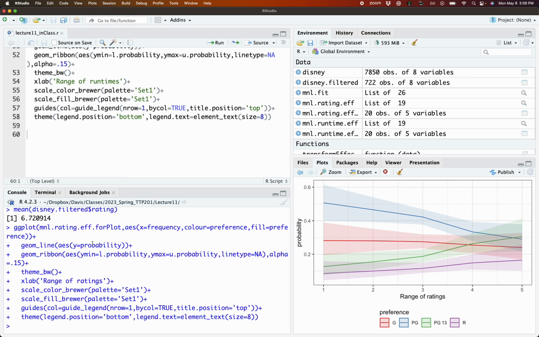Okay, so what we're going to do now is what I was kind of hinting at with plugging in different values to see what the model would predict.